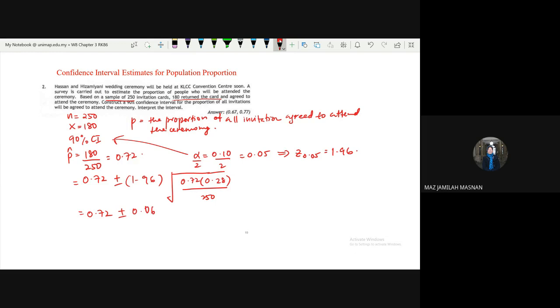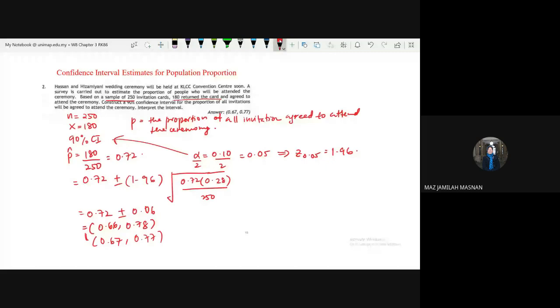If you calculate this, you will get 0.72 minus 0.06, which is 0.66, until 0.78. In your textbook, the answer is 0.67 until 0.77, more or less the same. Approximation.